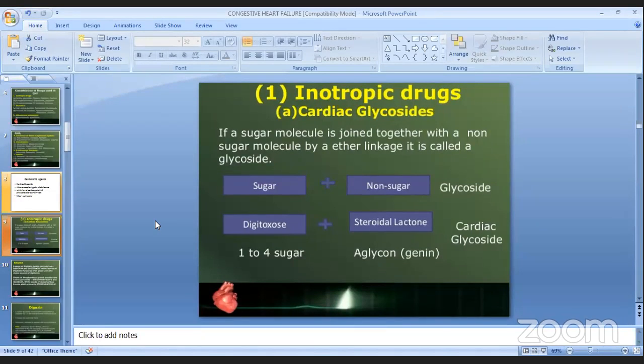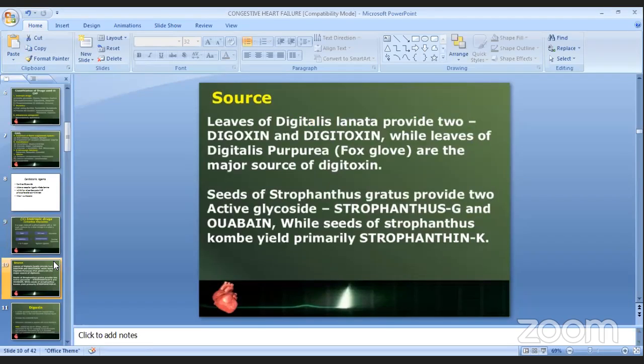I think you have already studied steroids. Steroid is basically a cyclopentanoperhydrophenanthrene.